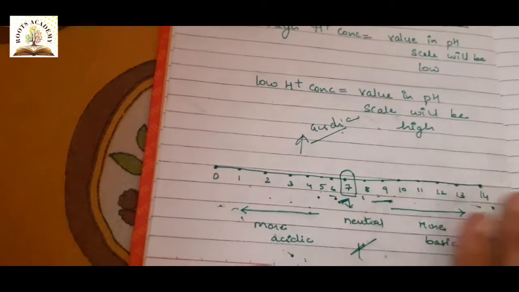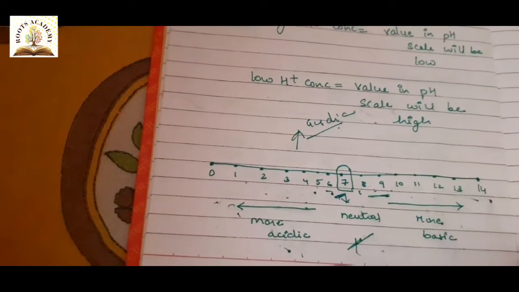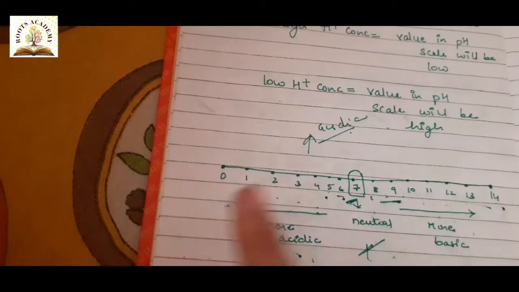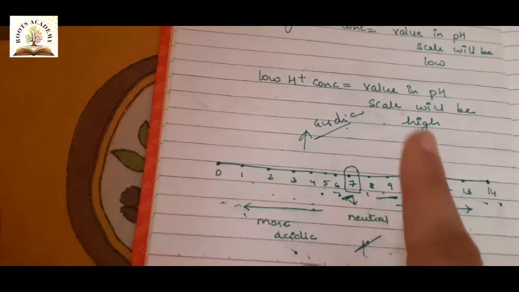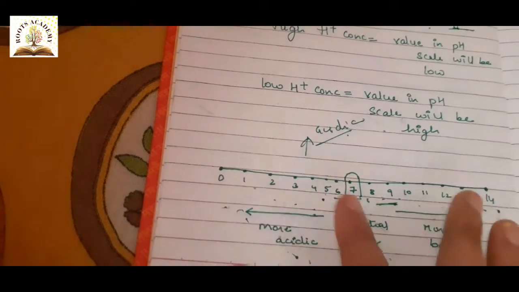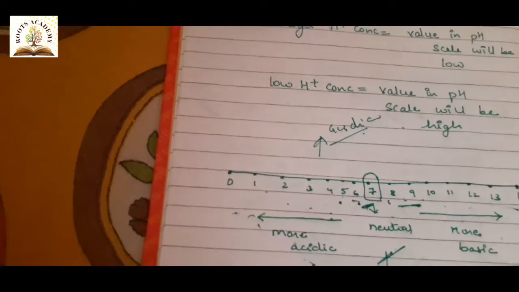So if you get readings on this side, the compound is more basic. If you get readings on that side, the compound is more acidic. And if you get the reading 7, the compound is neutral. This is your pH scale.